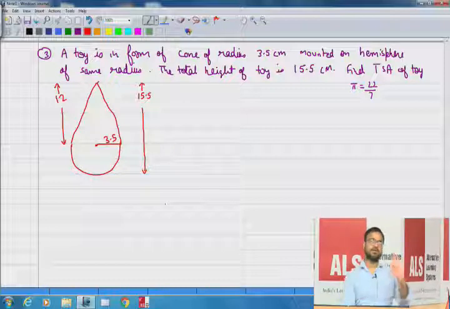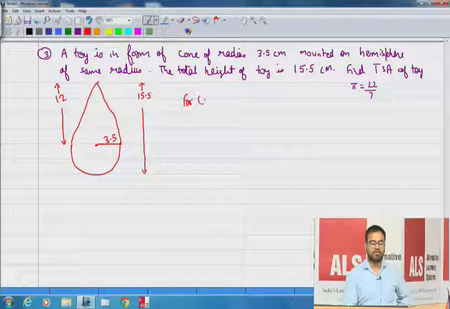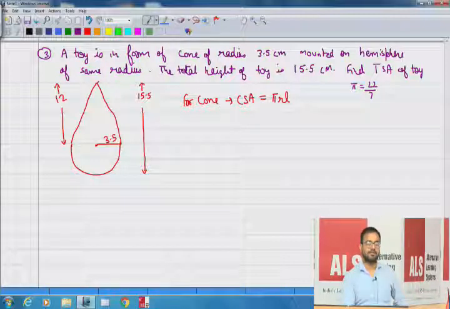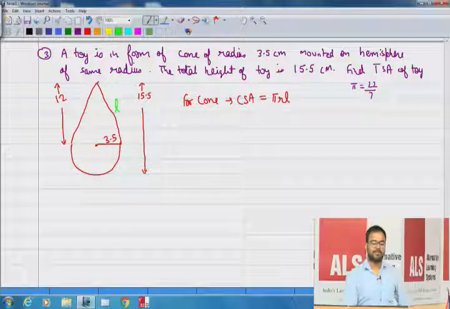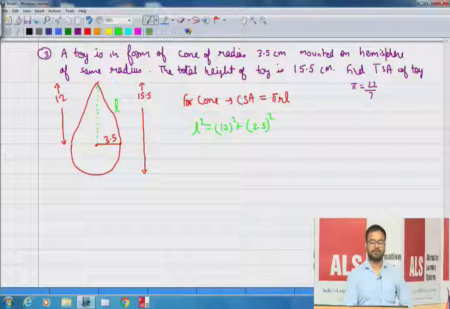Total surface area means curved surface area of the cone plus curved surface area of the hemisphere. Now for the cone, curved surface area is equal to pi r L. Here L is again the slant height, which is represented by this thing. So how can we find that L? We can apply the Pythagoras theorem. L square is equal to perpendicular square, 12 square, plus base square, which is 3.5 square.